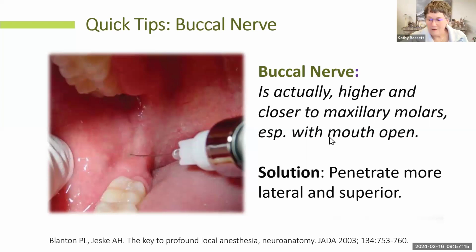So when we give that buccal infiltration, if we're putting it down in the corner near that distal buccal cusp of our terminal molar, we very well are below where that nerve comes over when our patient's mouth is open wide. If I have them closed, like for an Akinosi, that could be exactly the place. But in cases when I've asked them to open wide, which is going to be our IA and going to be our Gow-Gates, I need to be thinking about coming more superior and more lateral to make that penetration.